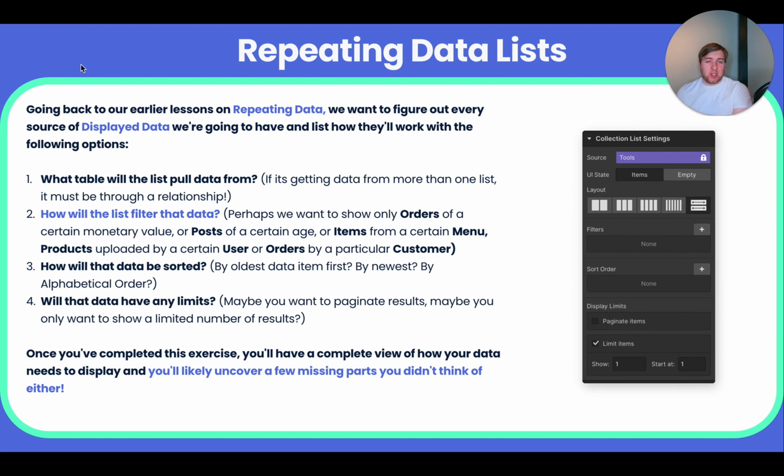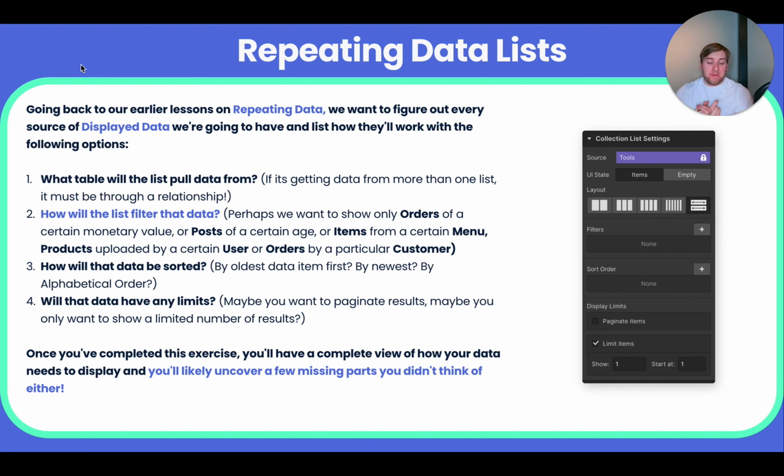Is it going to come through a relationship? So is it going to be menus related to, for example, the currently selected restaurant? As a result, do we need a restaurant relationship with that menu? So on and so forth. And by the way, you'll probably find you've already done that when we looked at relationships in your data structure earlier. But you want to think about, okay, where's that data coming from?